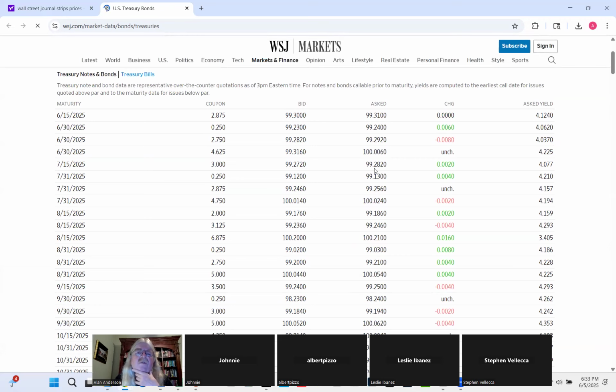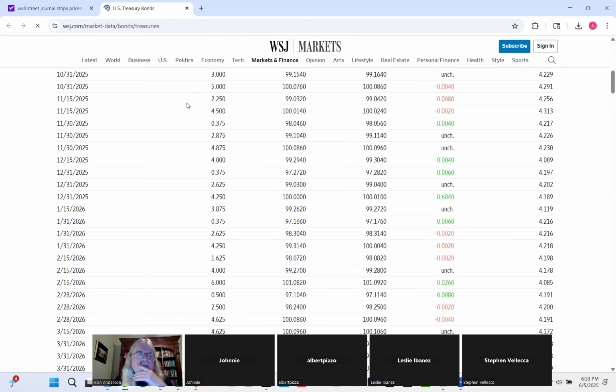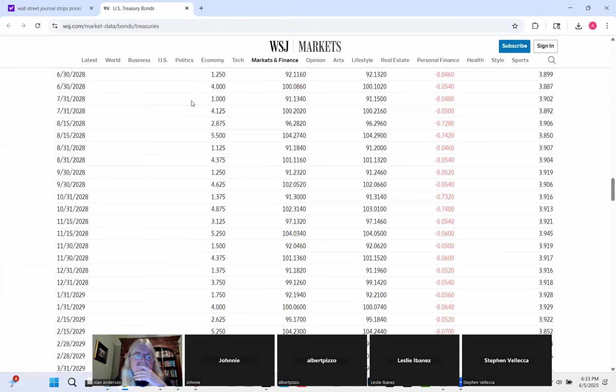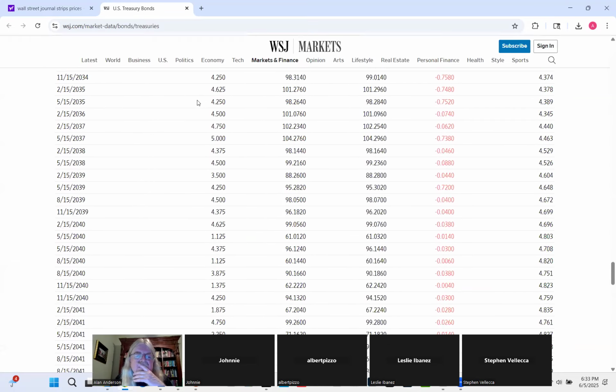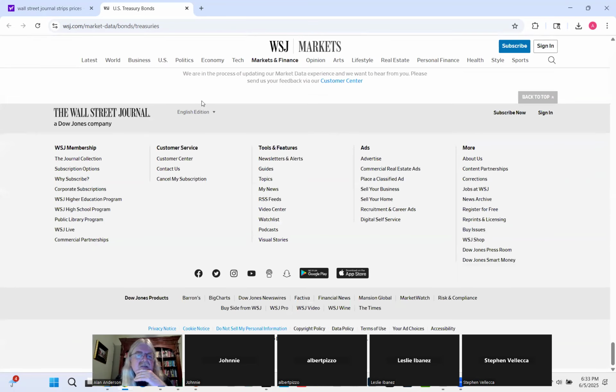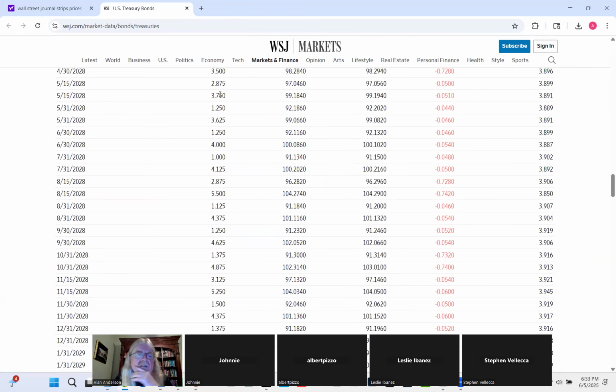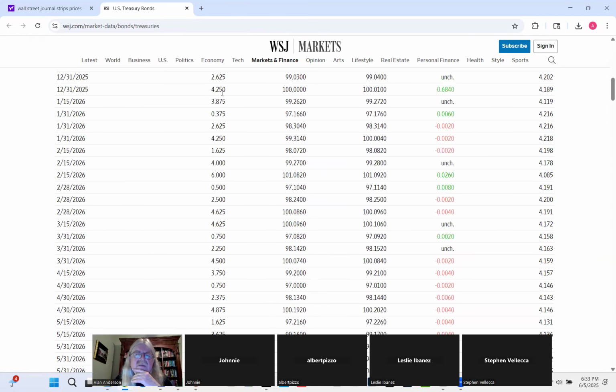No, you know what? No, these are regular treasuries. This is not the strips market. These are all the ones that are outstanding. No, I don't know why they stopped publishing them.